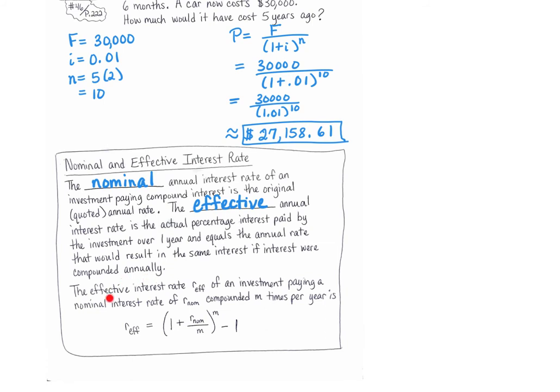Now the effective interest rate, which we'll write as R sub EFF, of an investment paying a nominal interest rate of R sub NOM, that's for the nominal interest rate, compounded M times per year, is given by the effective interest rate equals the quantity 1 plus R sub NOM, or your nominal interest rate, divided by M, that quantity raised to the nth power, minus 1.